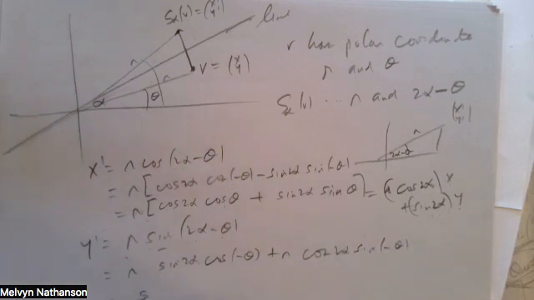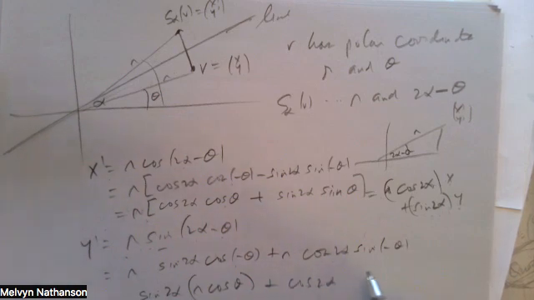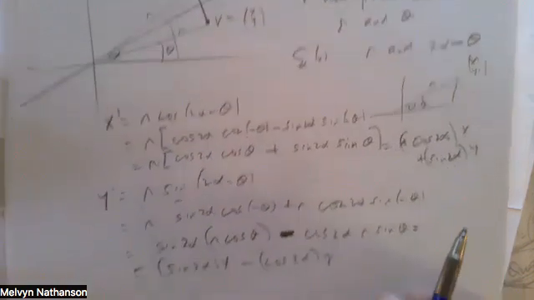This is sine of 2 alpha r cosine theta plus cosine of 2 alpha times minus r sine theta, which is sine 2 alpha x minus cosine 2 alpha y.